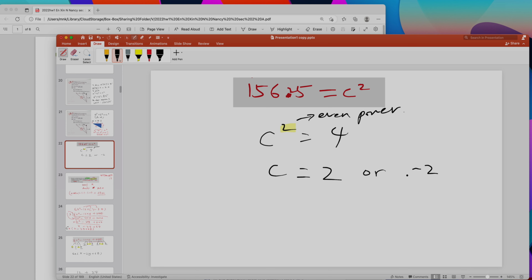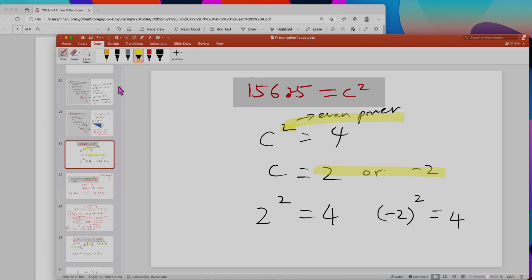Let me demonstrate to you. 2 to the power of 2 is 4. Negative 2 in brackets to the power of 2 is also 4. I have just demonstrated to you: if you have even power, you always end up with 2 answers. 2 or negative 2.